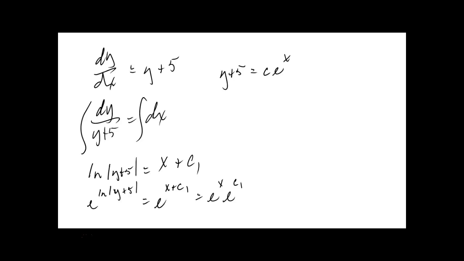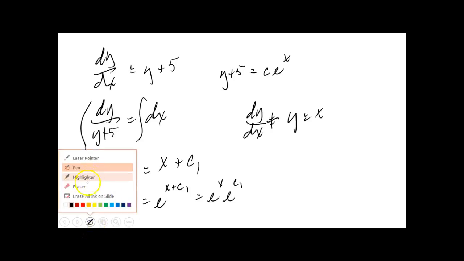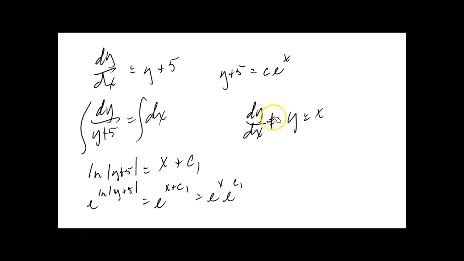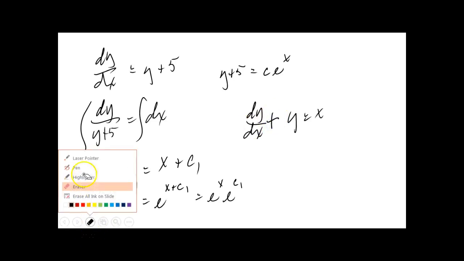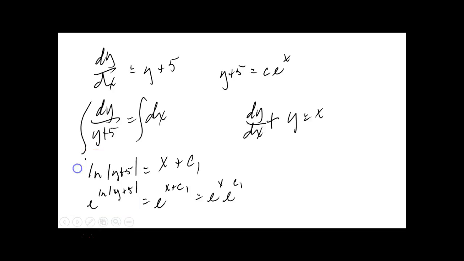But how about this one? dy/dx plus y is equal to x. Now that's about as simple a form as you can get for a linear first order differential equation, but guess what? Even though it's a simple form, you sure can't separate the variables, can you?